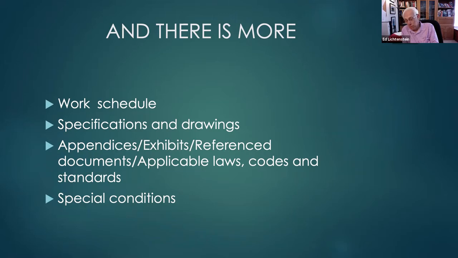Because at least in construction, the specification and the drawing may have been written by two different groups or two different people who didn't bother to talk to each other or have the other review their work before it goes out. But you as the supplier, or you as the builder, or you as the receiver, the customer, may not have noticed that. But you're going to be the beneficiary, the victim of the inconsistency.